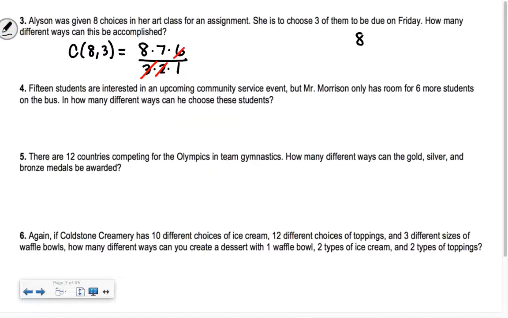Yeah, in the formula, it's 8 factorial over 8 minus 3 factorial, and then we have an additional 3 factorial. So when you start out your 8 factorial, you have 8, 7, 6, and then the 5, 4, 3, 2, 1 ends up canceling with the 5, 4, 3, 2, 1 on the bottom. So that's why it ends up being kind of like a permutation at the beginning.